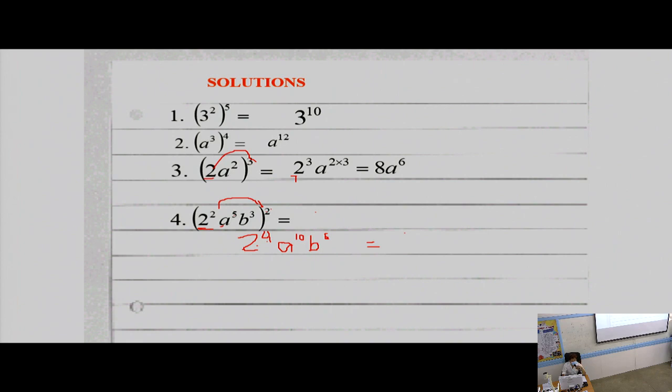So that is 16. A to the power of 10. Read this. Read again this one. Read everything. 16.